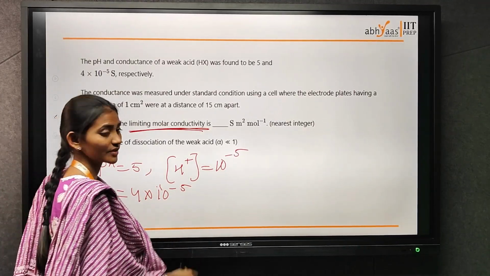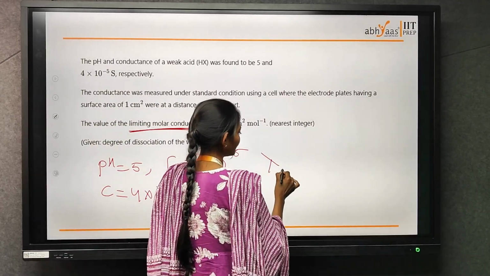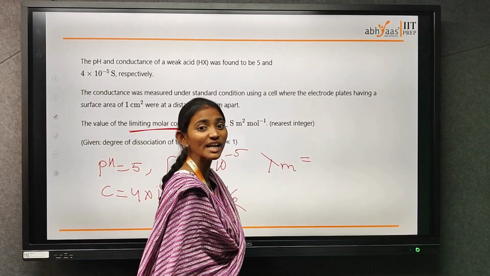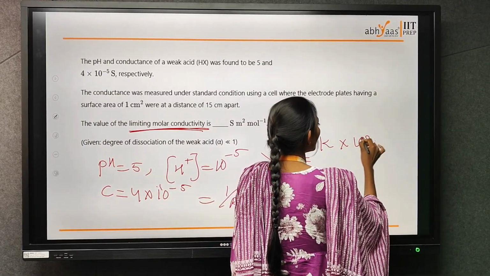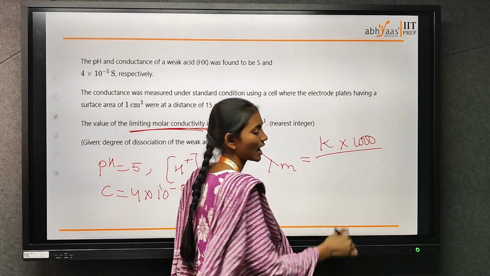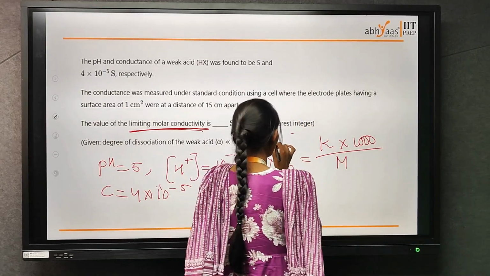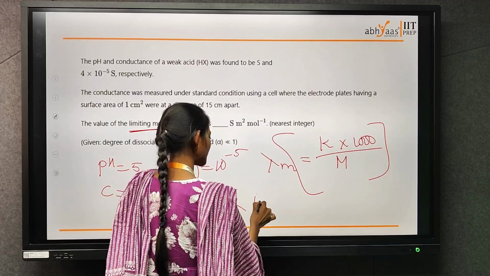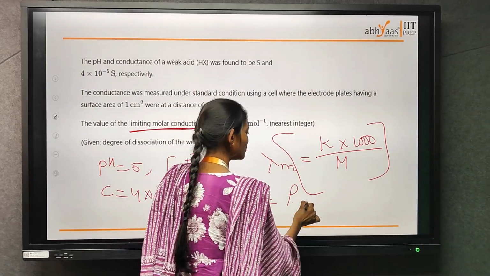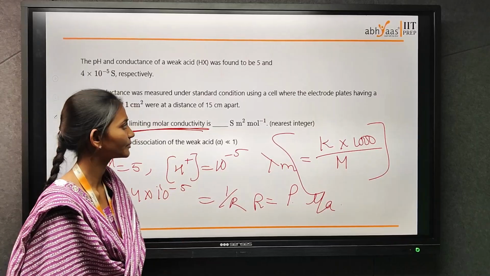So while doing this, you will get some value of 1 by R. So your limiting molar conductivity will be K into 1000 by the molarity here, right? Therefore, you need to do R is equal to rho into L by A. You will get your value. Okay.